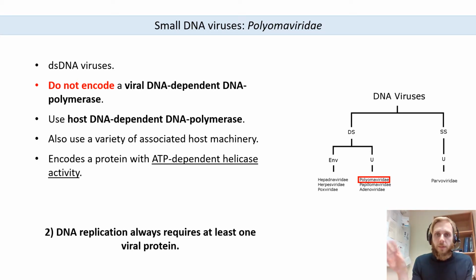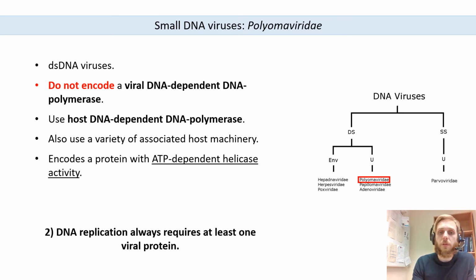The simplest way to think of this is the small DNA viruses are more simplistic, they're more minimalistic, so they rely upon the host DNA-dependent DNA polymerase because they don't have their own, whereas the large DNA viruses, like the adenoviruses we looked at in the last slide, these are large, these are a little bit more self-sufficient, so they do carry their own DNA-dependent DNA polymerase.